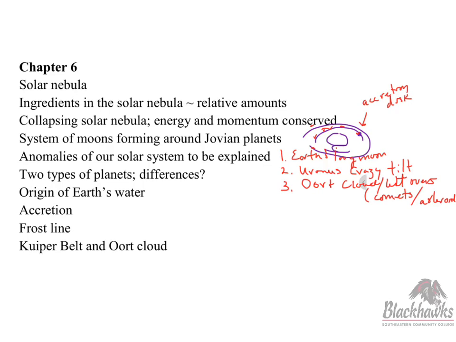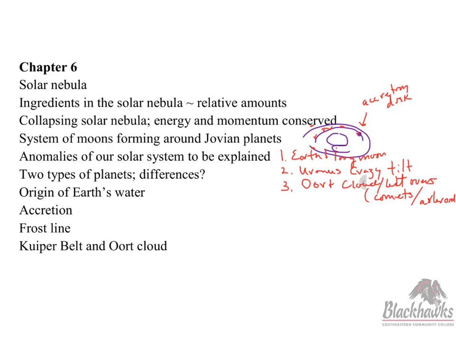And then Uranus's crazy tilt. The word anomaly just means it makes you scratch your head why it is. And I'm not sure 3 really is an anomaly after I think about it, the fact that we have stuff out there, kind of where Pluto is, beginning what we call the Kuiper Belt.